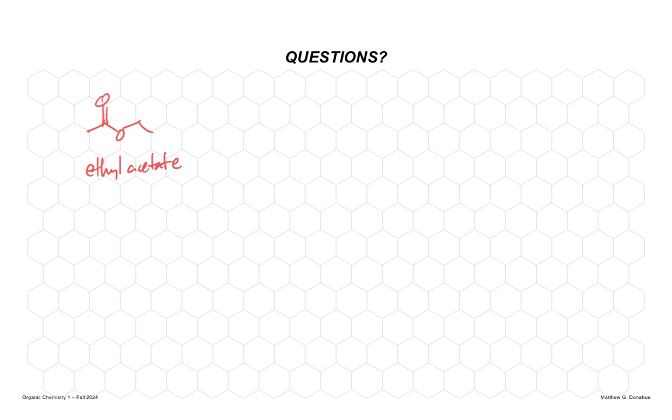So when you look at it, there's 1, 2, 3 unique H sets. And so of that, I'm going to say there's 2 spin systems.